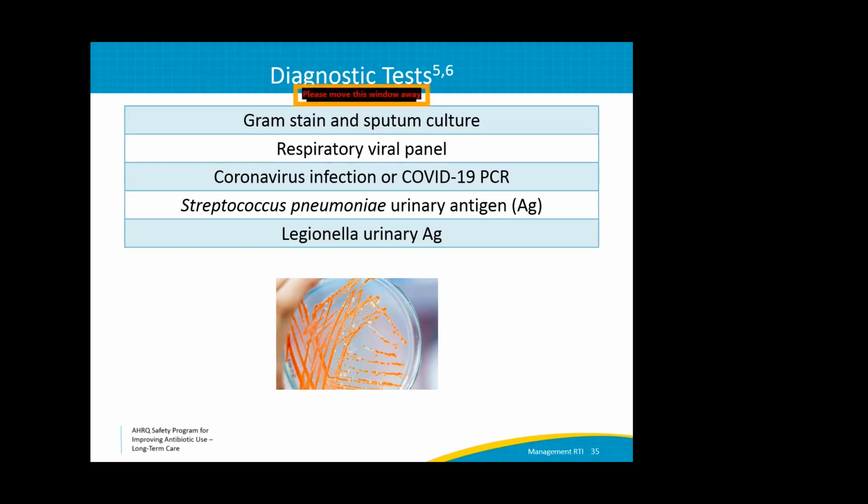Legionella is another important bacterial pathogen to consider. It is one of the most common causes of quote unquote atypical pneumonia, and particularly in elderly patients can cause quite severe disease. It also tends to be seasonal, more common during the summer and fall months, but can be seen in outbreak settings at any time of year, particularly in acute care or post-acute care settings.